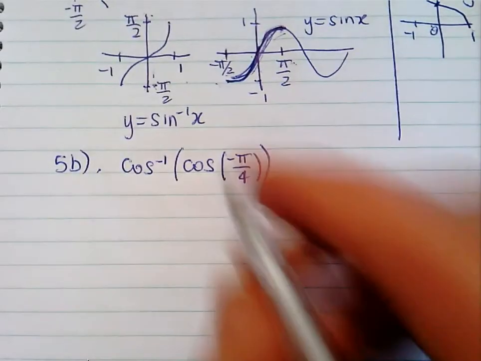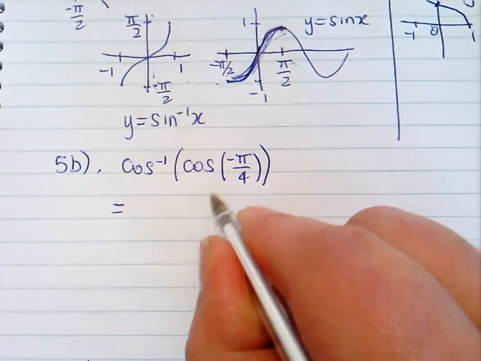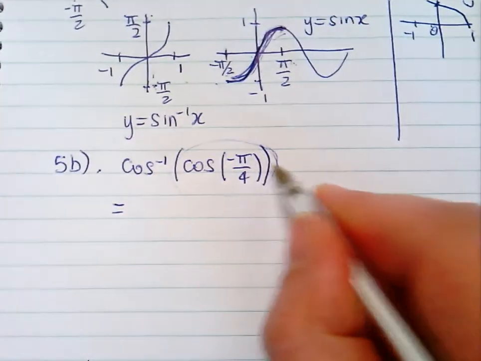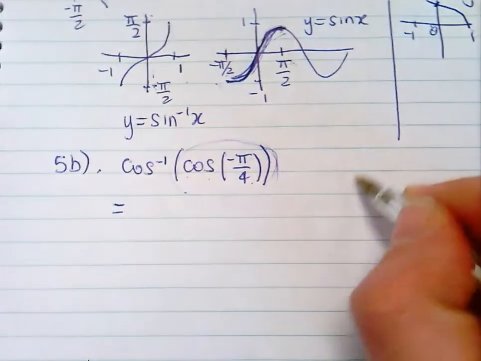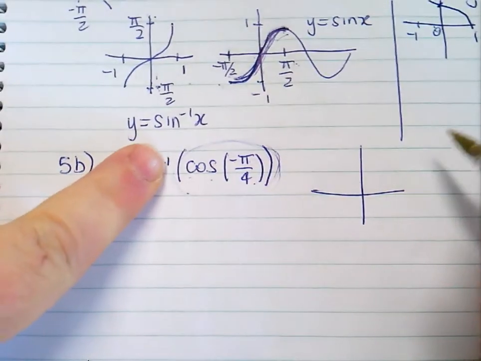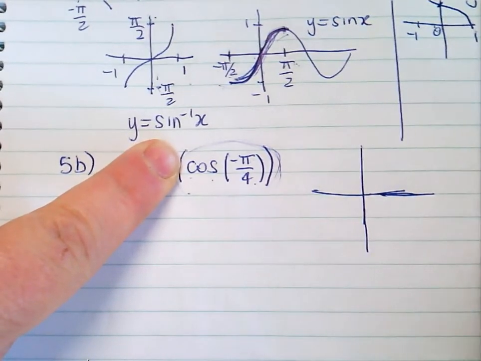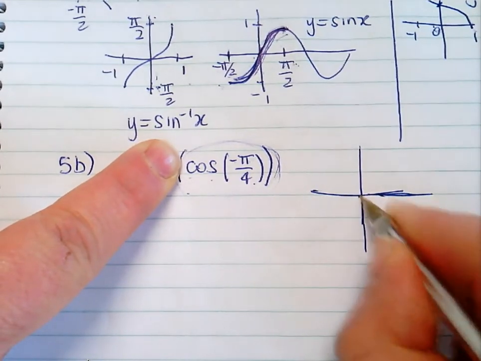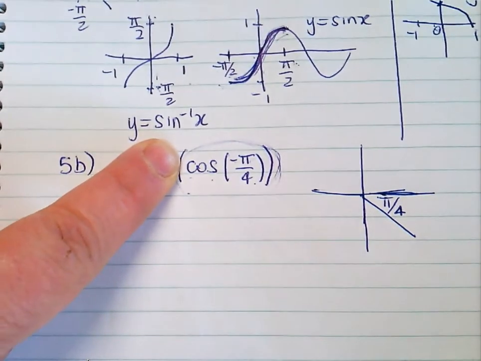So girls, when I just look at this bit, it's the cos of negative pi on 4. Don't worry about this inverse cos yet. What's the cos of negative pi on 4 mean? Cos of what? A negative angle goes clockwise. It's this. Which quadrant are you in? 4.